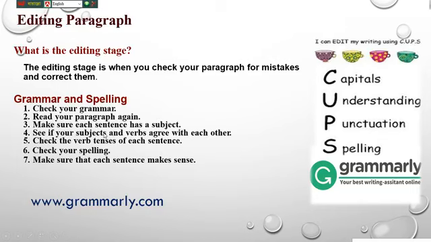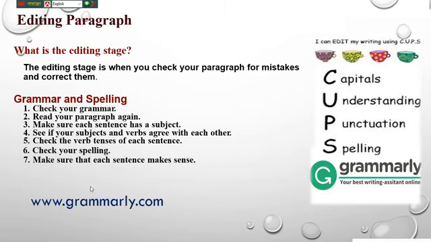Make sure each sentence has a subject. This is very important. And see if your subjects and verbs agree with each other. This is also a very important point, verb agreement. Otherwise, your effort of writing a good paragraph will go in vain.